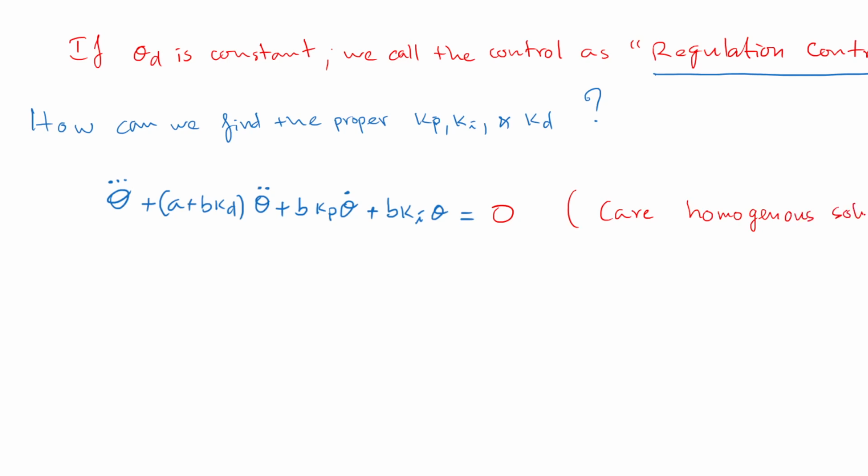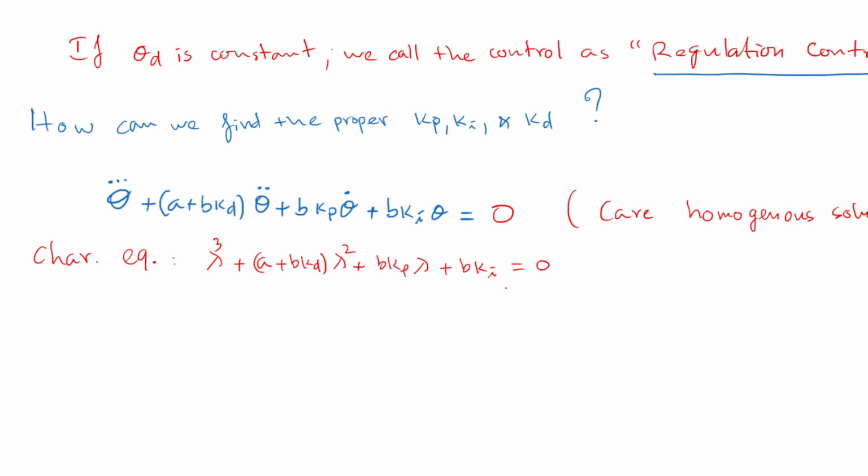So the characteristic equation would be lambda cubed (not squared, but third power) plus (a plus b Kd) lambda squared, plus b Kp lambda, and then plus b Ki equals 0.